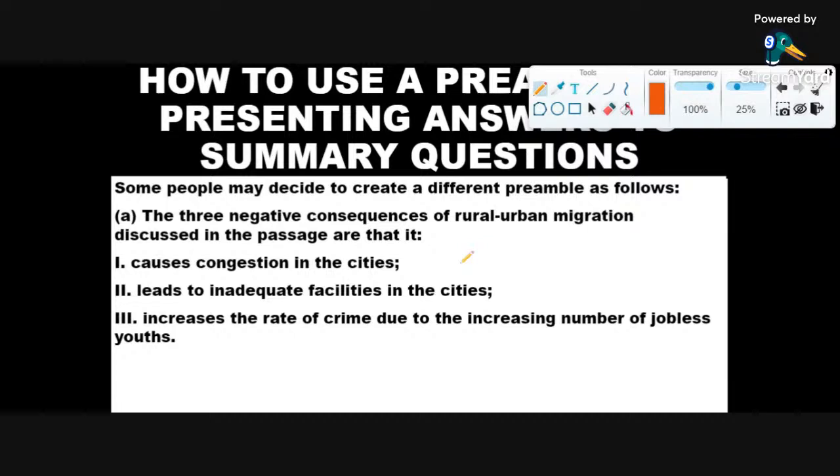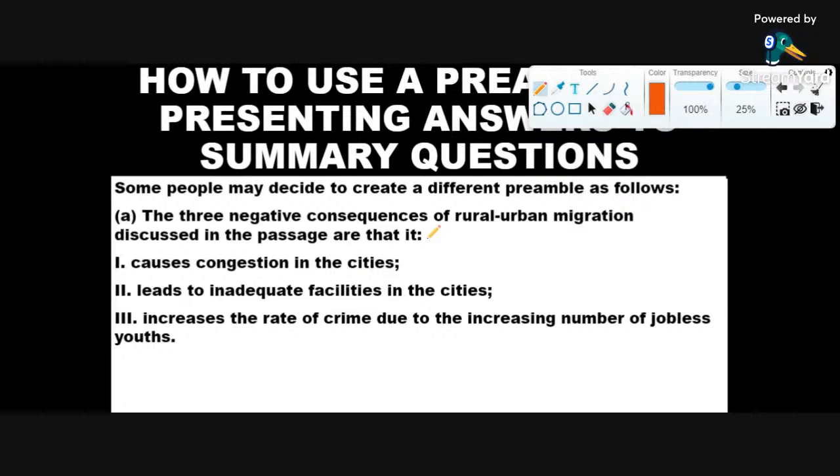And I want to show you quite clearly. So some people may decide to create a different preamble as follows. And this is also a preamble, but I will show you the difference between this preamble and the first preamble we discussed. This type of preamble does not present a group of sentences. And this is where the problem lies.